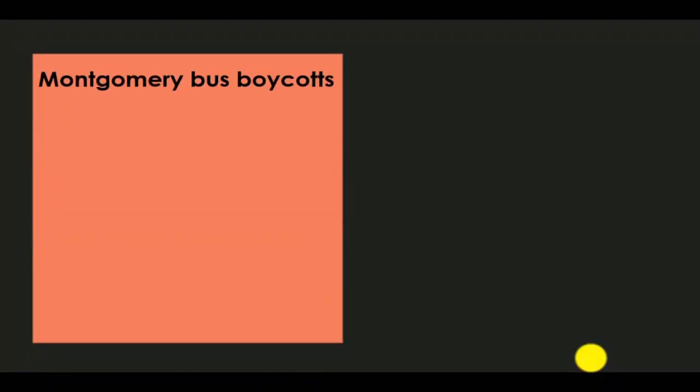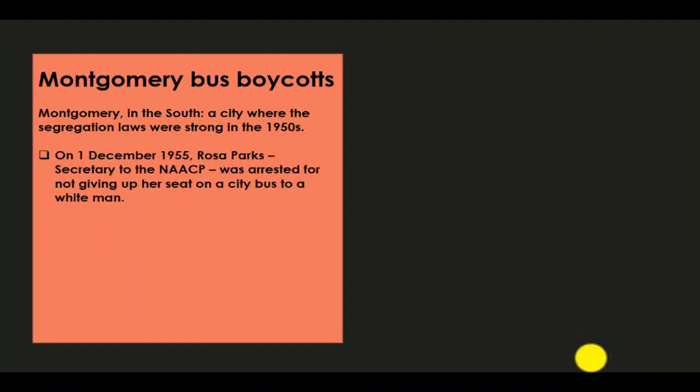So, the Montgomery bus boycotts, that's the first of these that we're going to be looking at. Montgomery in the south was a city where the segregation laws were very strong in the 1950s, and on the 1st of December 1955, Rosa Parks, who was secretary to the NAACP, was arrested for not giving up her seat on a city bus to a white man.